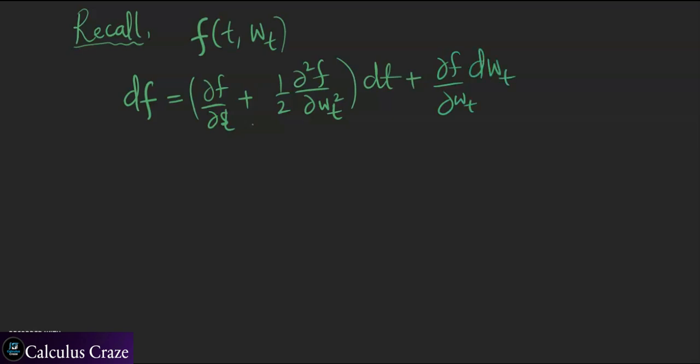If you want to use s in place of t, you can also use that, because I was using s in the previous video, that's why in the start I was using s. So you need to recall this, right?